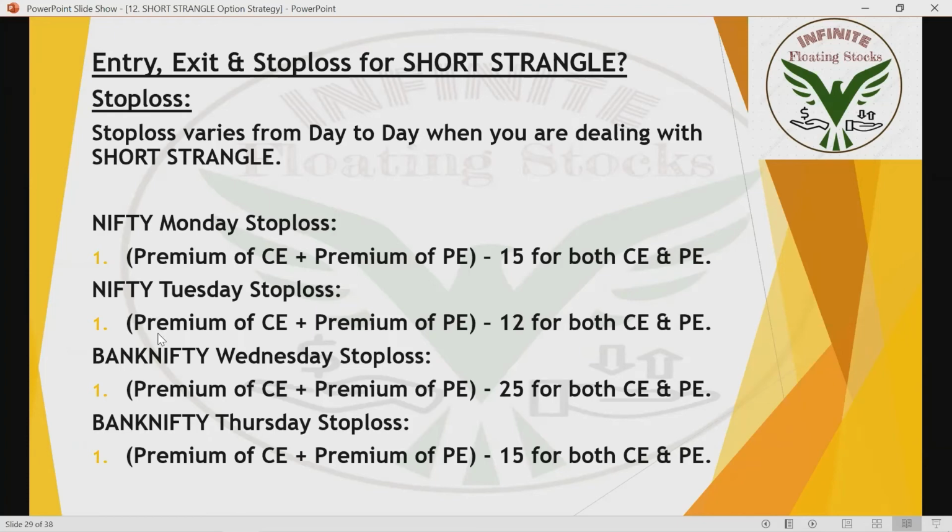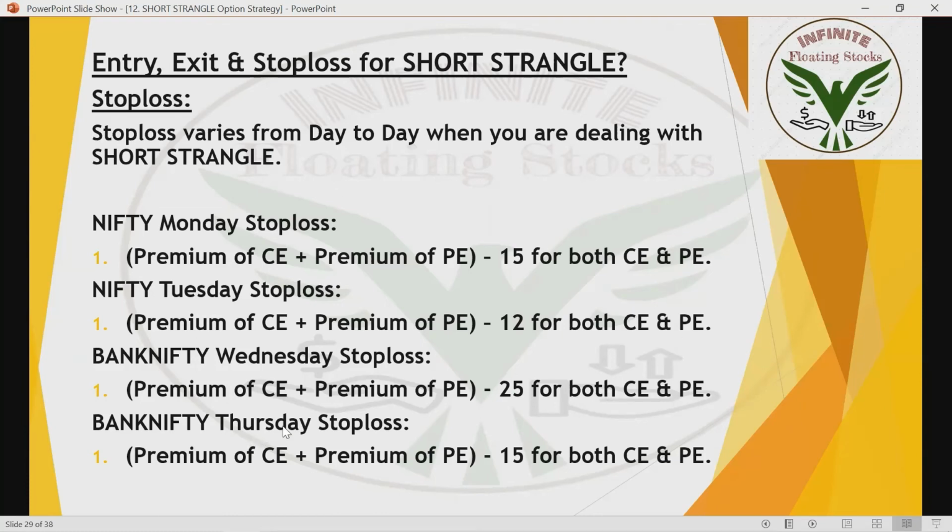If it is Tuesday, you need to add the premium of call and the premium of put, then subtract 12, and that value should be put as stop loss for both CE side and PE side. If it is Wednesday and you are working on Bank Nifty, then stop loss should be premium of CE plus premium of PE minus 25, and you need to set that stop loss for both call side and put side.